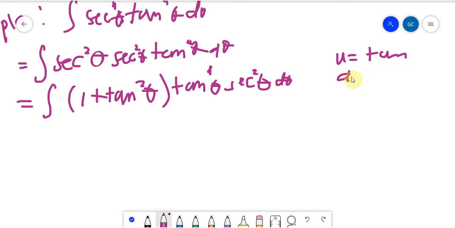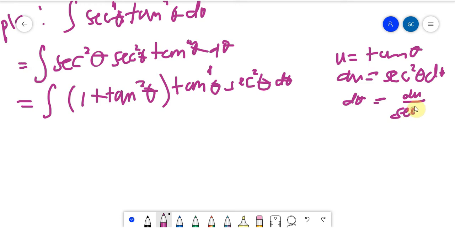The derivative of tangent theta is secant squared theta d theta. Now our d theta is equal to du over secant squared theta.